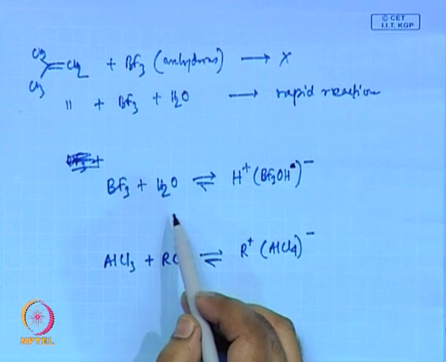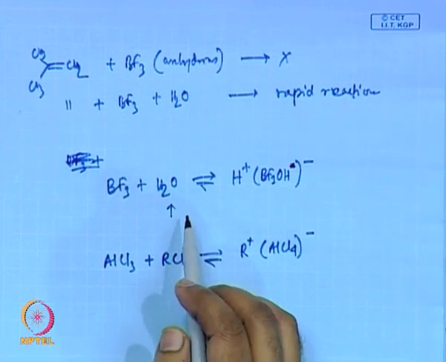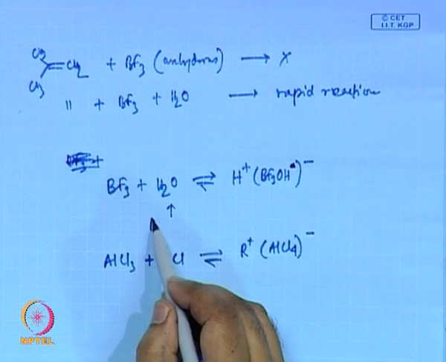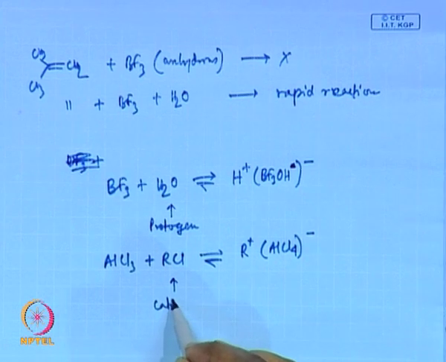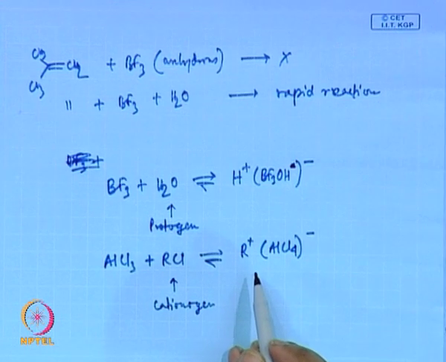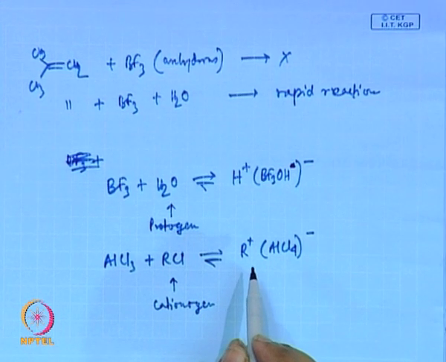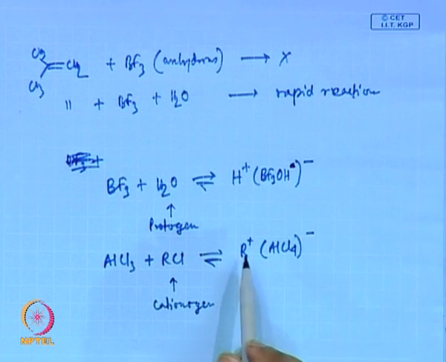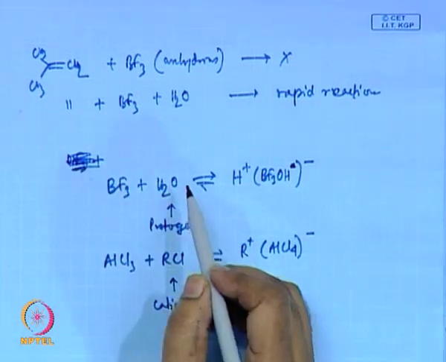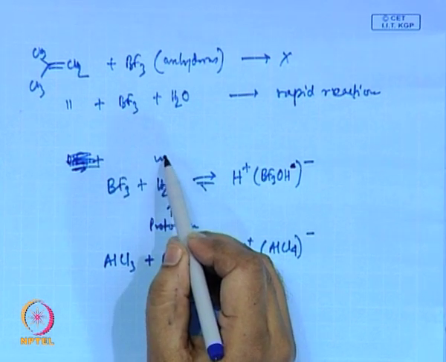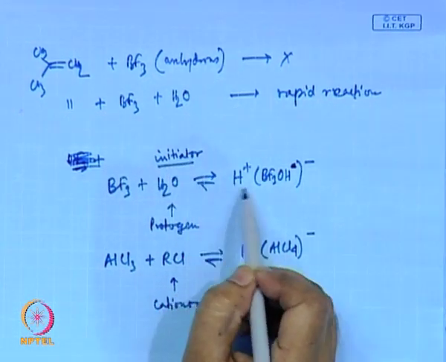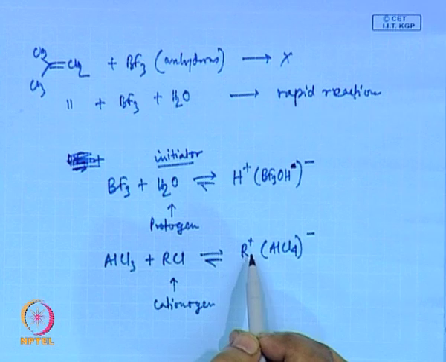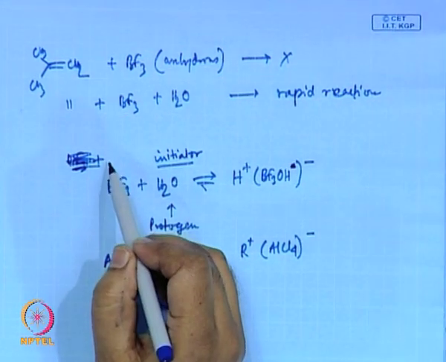Here this is a protogen, which is a proton donor, and this is a cationogen, which is a cationic species or carbocation donor. Nowadays this is called the initiator, because it is the species supplying the H plus or R plus carbocation, and this is the co-initiator.